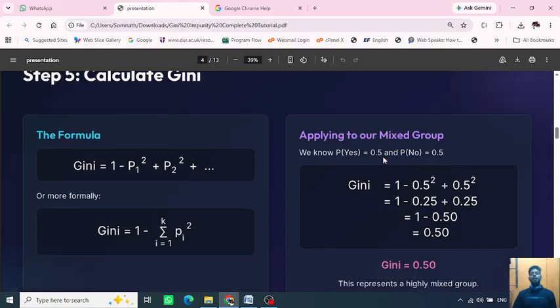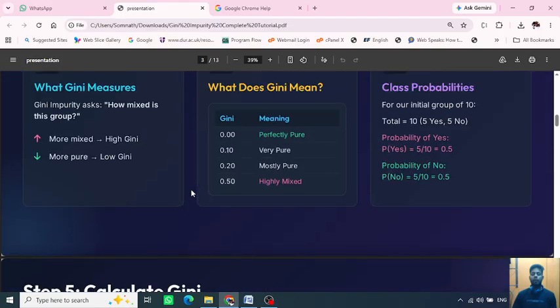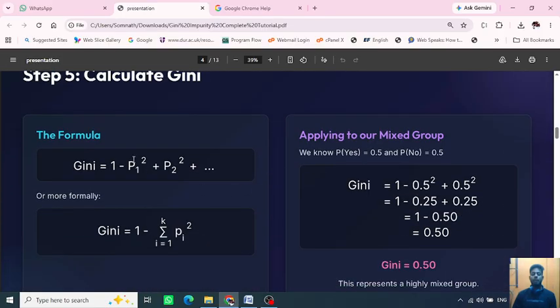To calculate the Gini, this is the formula: Gini equals 1 minus the sum of the squares of all the class probabilities. This is the formula: 1 minus (p1 squared plus p2 squared). Here there are only two classes, yes or no, so the formula is 1 minus (p1 squared plus p2 squared).